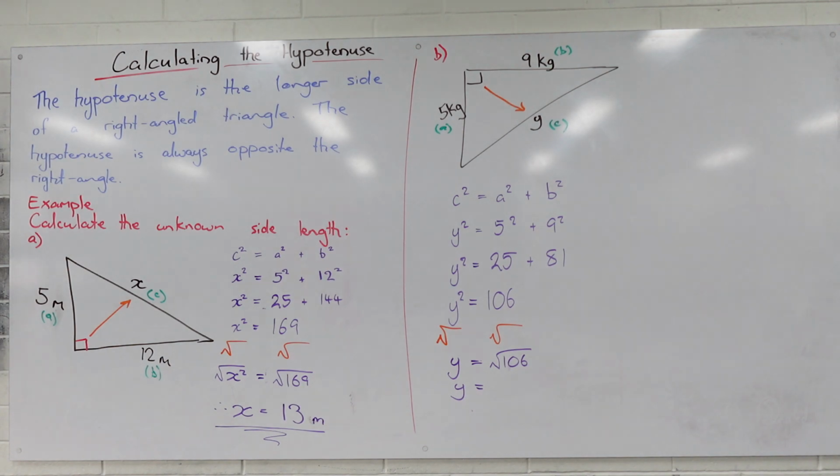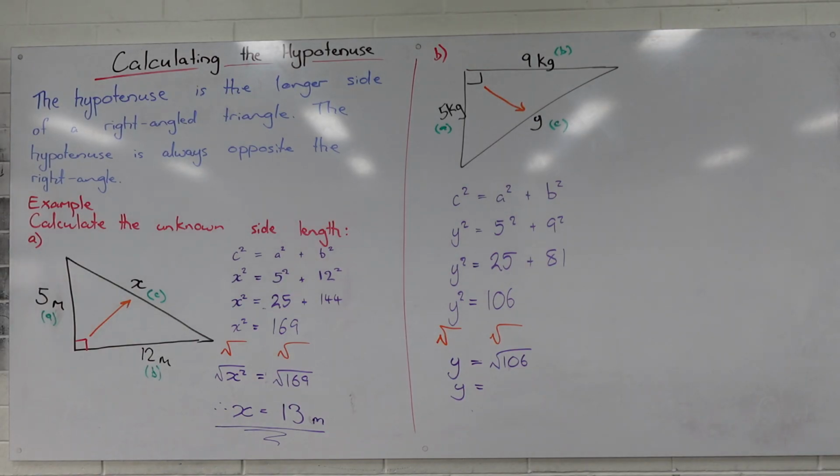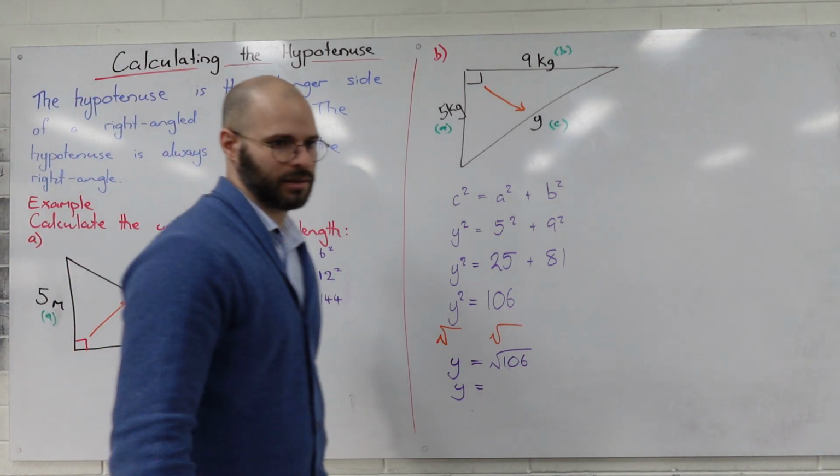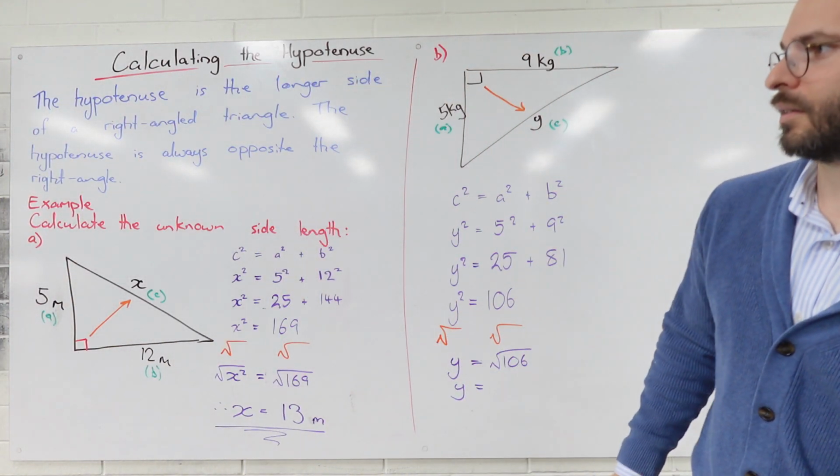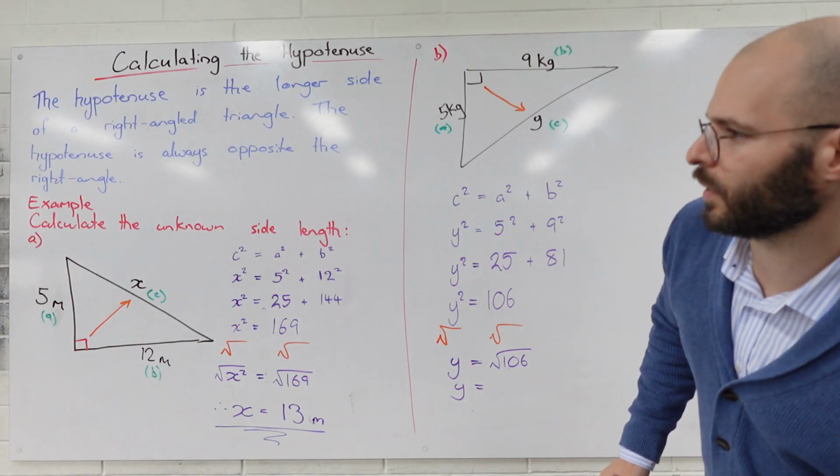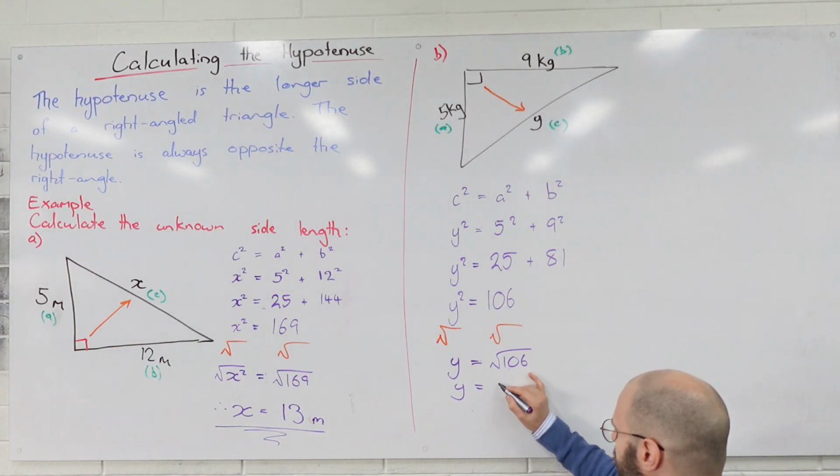Now, Kobe is foreshadowing something. What happens if there's going to be a point in the answer? Well, funny enough, this one has that exact same case. If we go the square root of 106, we end up getting not a clean number. We get an irrational number. We get 10.29. Do we round down?